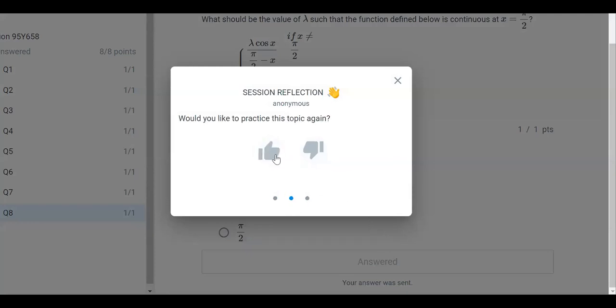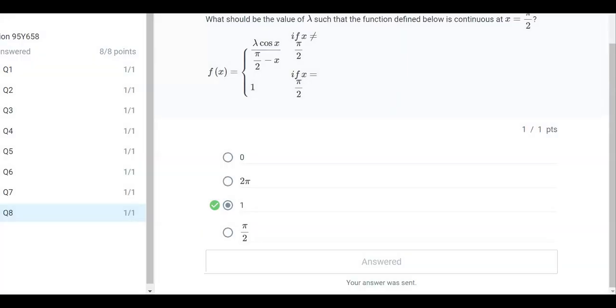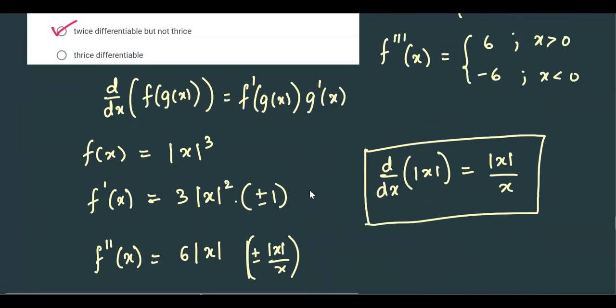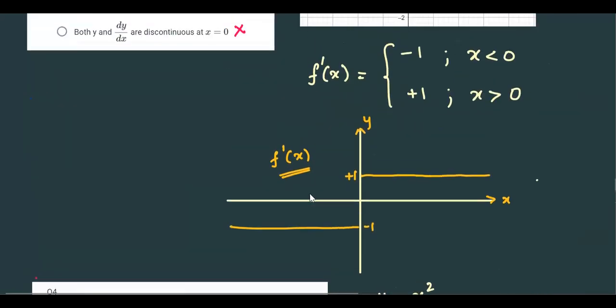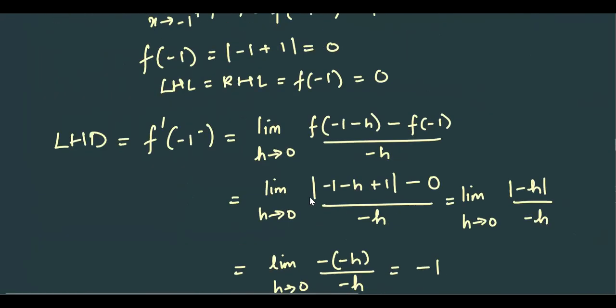So give your ratings now. You see in calculus, this is a tricky part, understanding of functions and how they behave. It's all about continuity and differentiability, but this forms the basis for application of derivatives, which is extremely important.